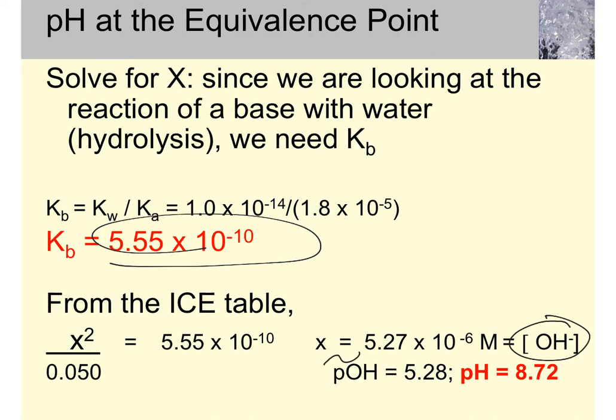So you have to find pOH first and then convert that to pH by subtracting it from 14. So at the equivalence point, the pH is 8.72. And that's a real common pH for weak acids to have at their equivalence point. You may have to watch that a couple times, and you clearly need to practice it several times.